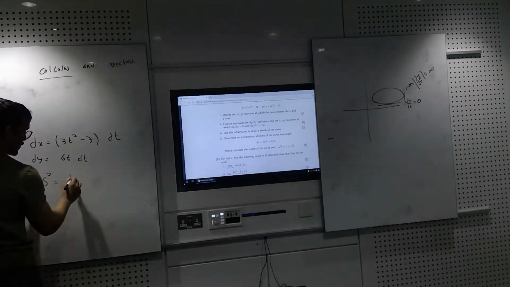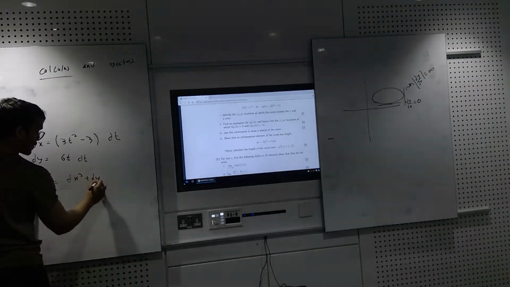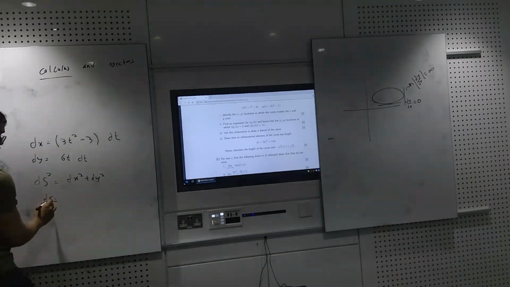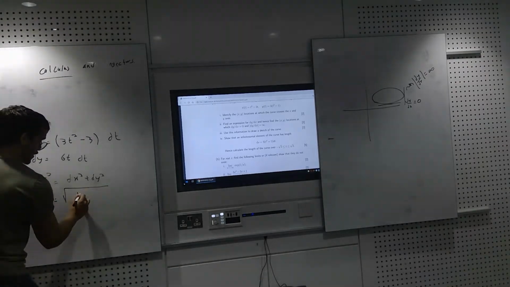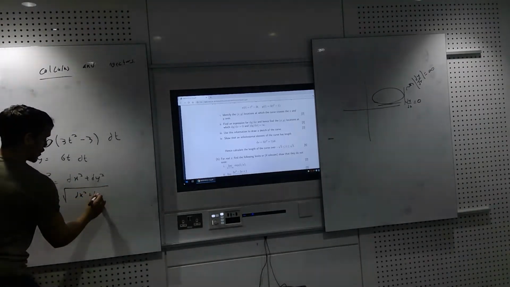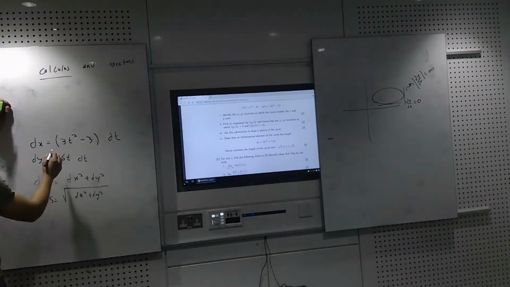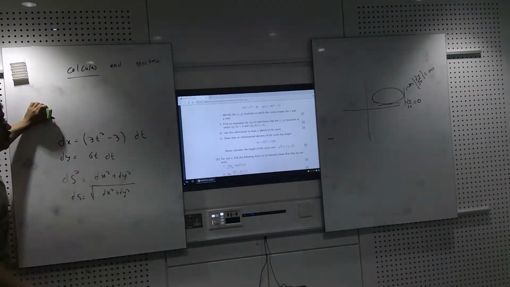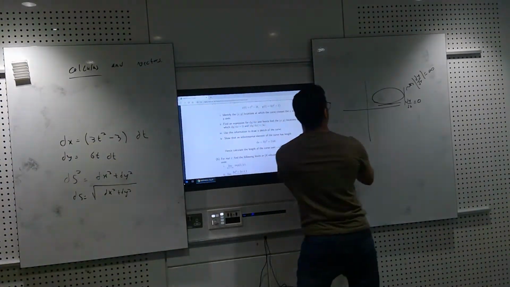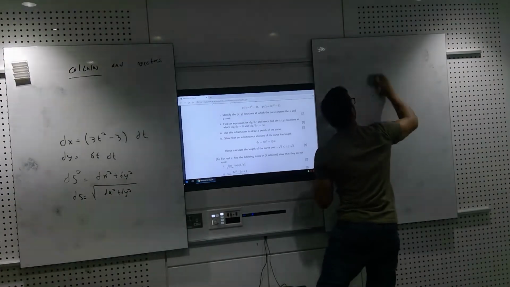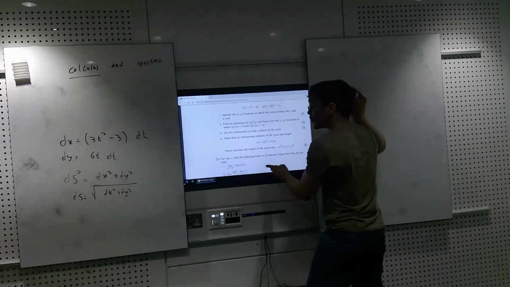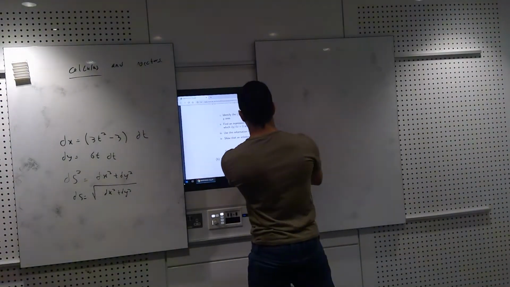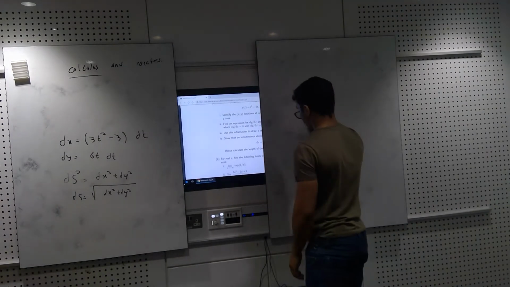So ds squared is delta x squared plus delta y squared, because we don't have z. So ds is the square root of dx squared plus dy squared. dx is this thing and you have to square it, and dy is the other thing and you also have to square it, and that's a good thing. You know why? Because you see dt squared, and this involves dt, so we are actually on the right step.